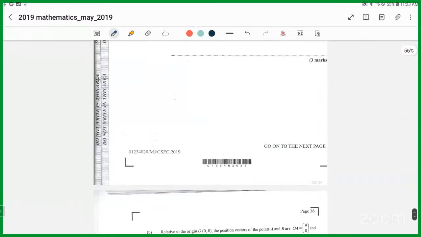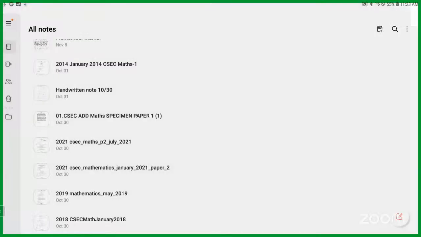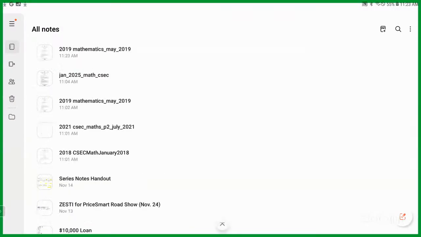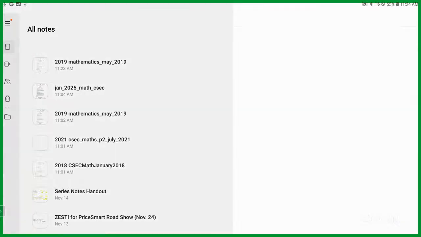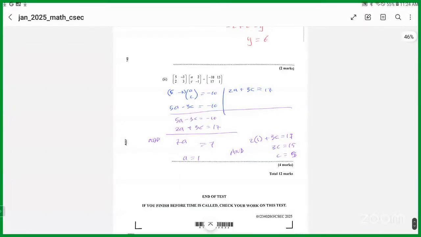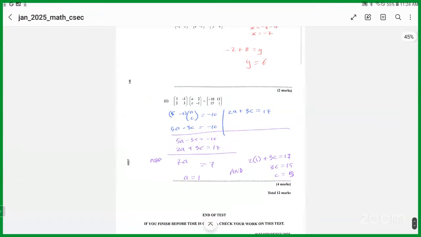Alright, I think the next question I gave you to do was, let me look back at it. I think I gave it January 2025 as well. Let me see. So I have it here and it is solved now. I don't remember if I solved it for you.